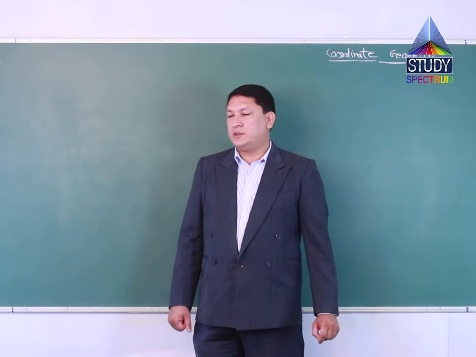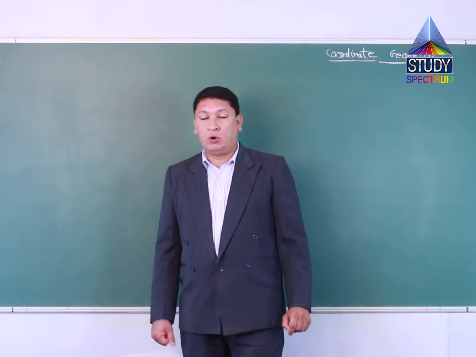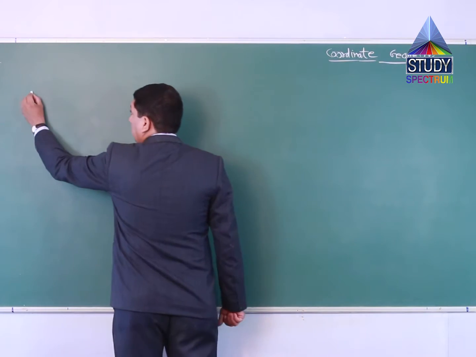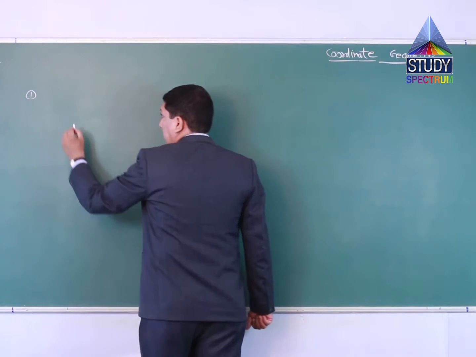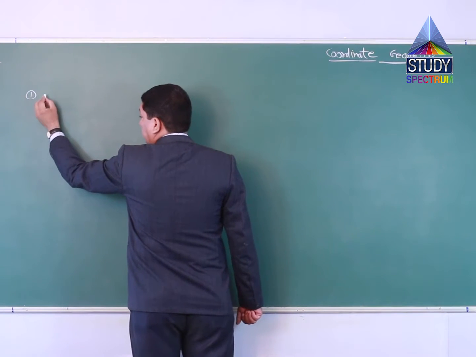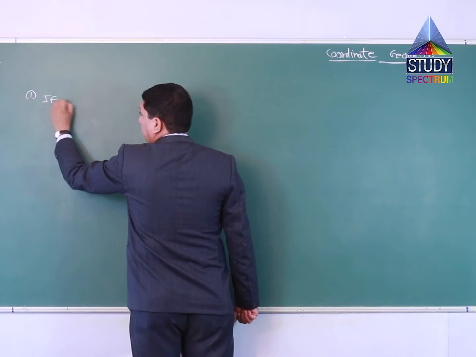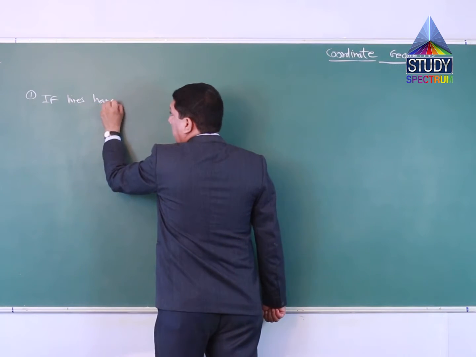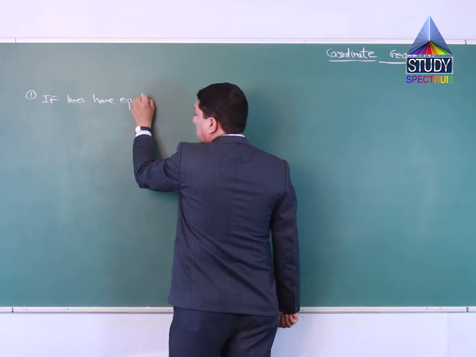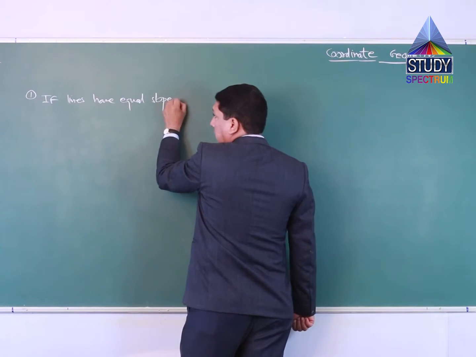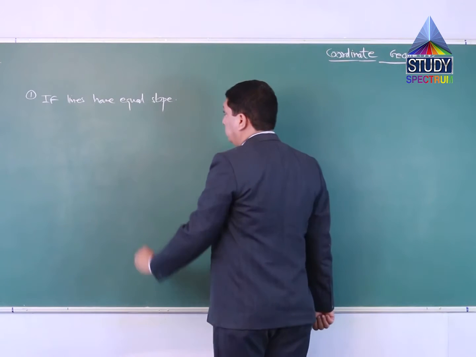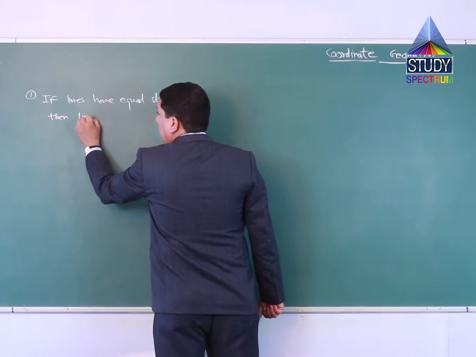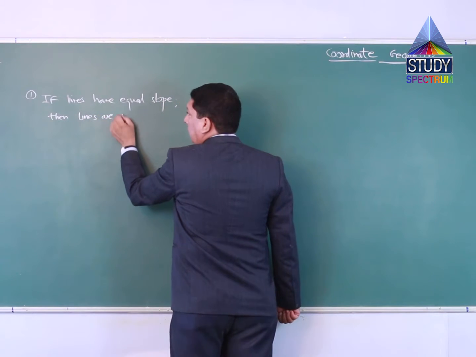So next we'll start with two important concepts of slope and a line. First one: if lines have equal slope, then lines are parallel.